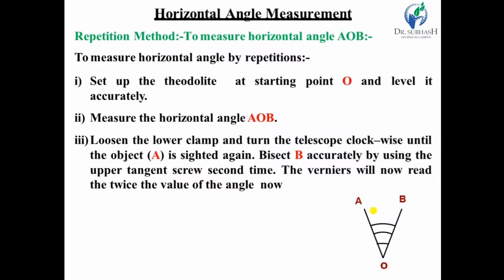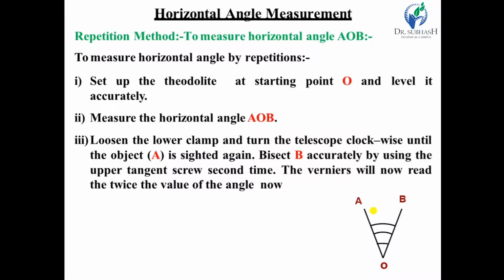For the repetition method, we have to set up the theodolite at starting point O and level it accurately. To measure the horizontal angle AOB, loosen the lower clamp and turn the telescope clockwise until object A is sighted again. Bisect B accurately by using the upper tangent screw a second time.